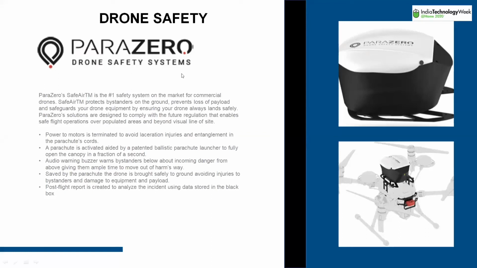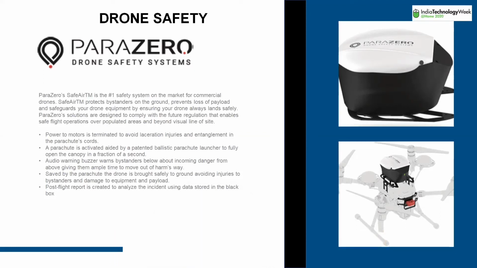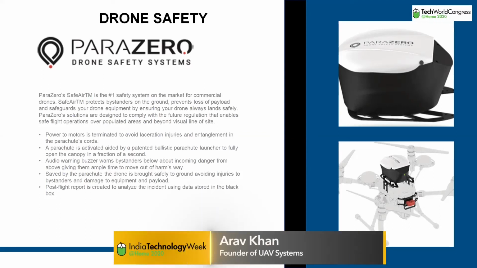In that case, this ParaZero parachute protection system for the drone will be deployed automatically, and at least it will not do damage. For example, if a drone falls from the sky in a public place, there could be a very bad result. People may die or get injured very badly. So this is a very handy product which can be used on drones.